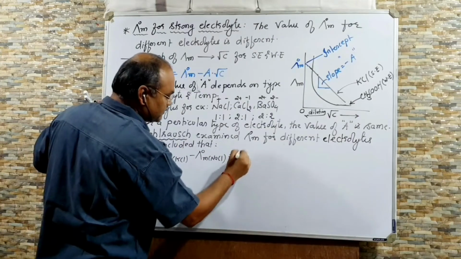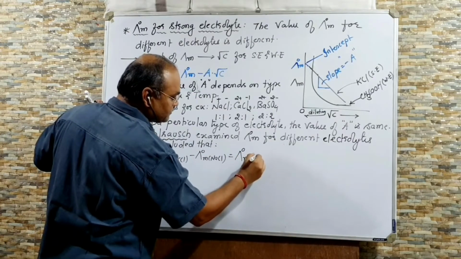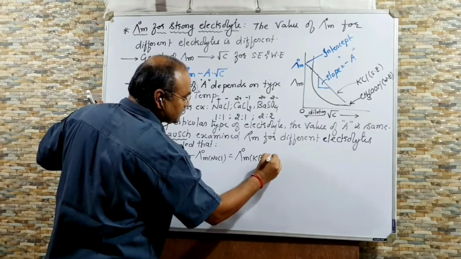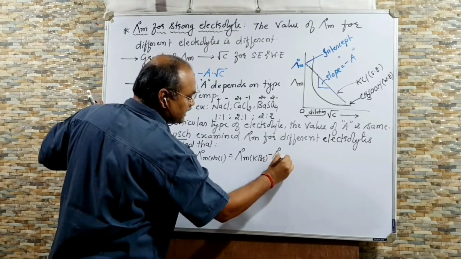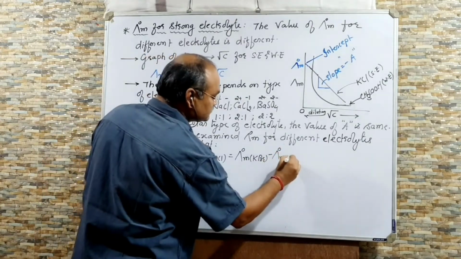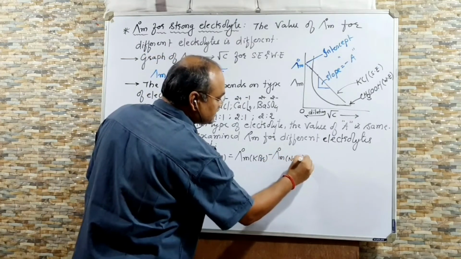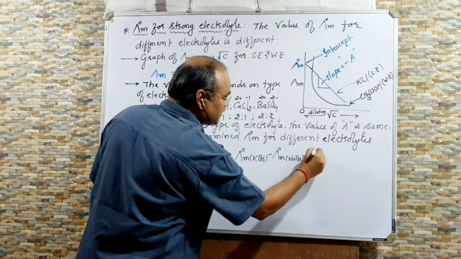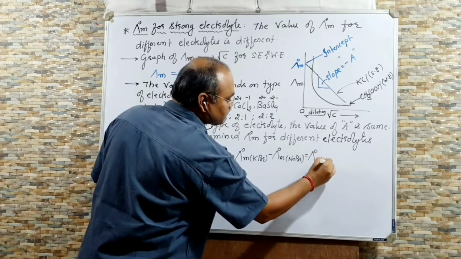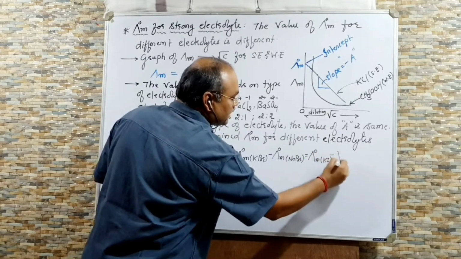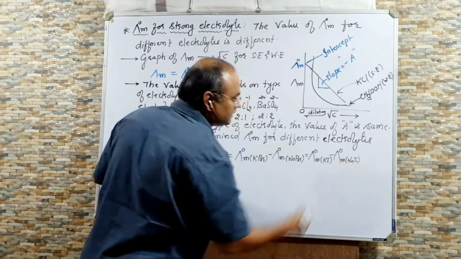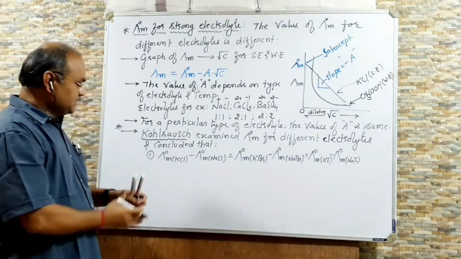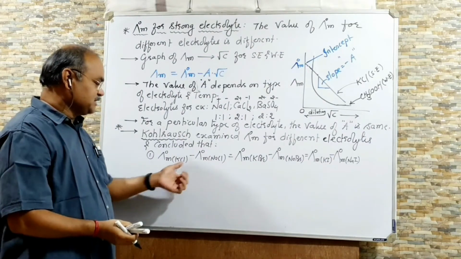It was found equal to lambda 0 m KBr minus lambda 0 m NaBr, which was also equal to lambda 0 m KI minus lambda 0 m NaI. So you can see here, I have taken first KCl with NaCl.